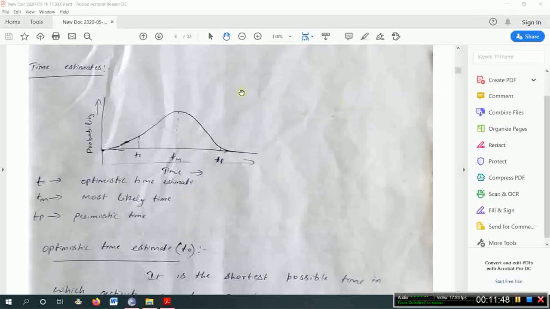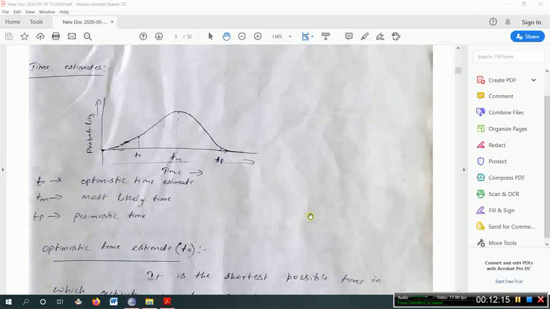If any activity or work is to be done, the industry people have to consider three time estimates. Optimistic time is a time where no problem occurs during the work, so the workers or machines take very little time to complete it.